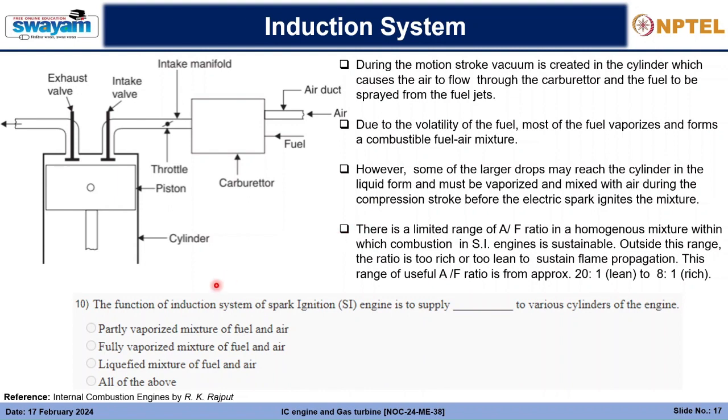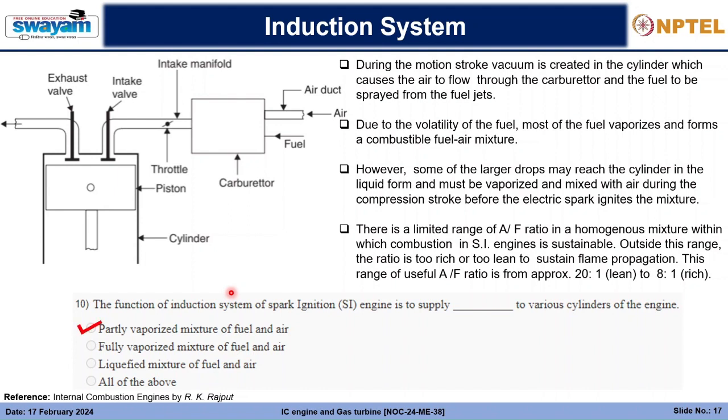And we have a question from the weekly assignments. The function of the induction system of a spark ignition engine is to supply dash to various cylinders of the engine. As I have already explained, the function of the induction system is to supply a partly vaporized mixture of fuel and air, not a fully vaporized mixture. So this is the answer.